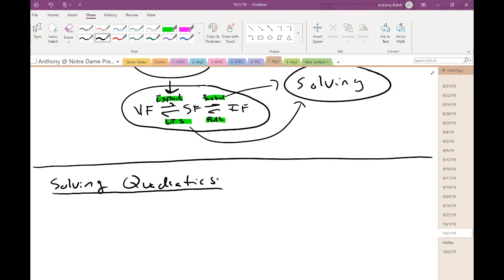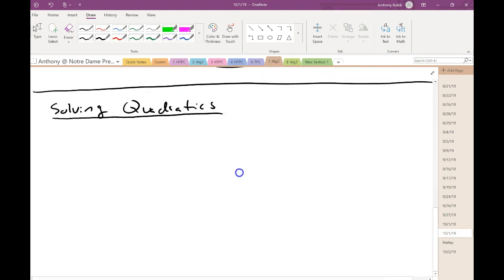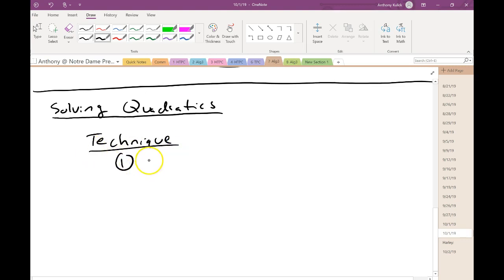Sometimes you could use more than one technique and still have everything work out nicely. So there's going to be a little bit of figuring out which one of these solving techniques I want to use in a given situation. But today we're only going to talk about one solving technique, and that is solving by factoring.